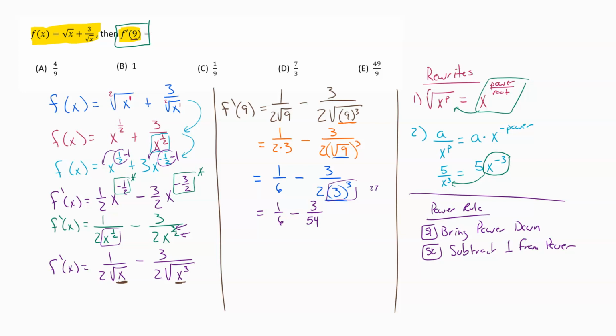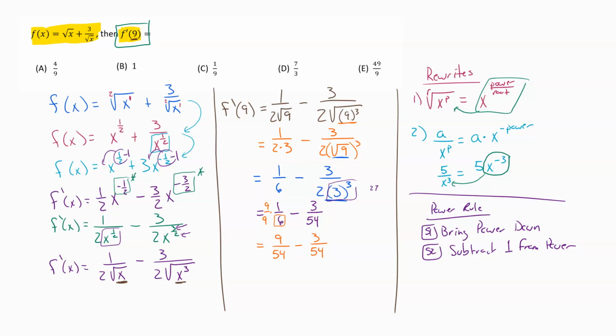Now we're just down to an addition and subtraction of fractions problem, and in order to do that, we need to find a common denominator. So in this scenario, 54 would be our common denominator, so I would multiply this 6 by 9 to make it 54. Whatever I do to the bottom, I've got to do to the top. So I end up with 9 over 54 minus 3 over 54.